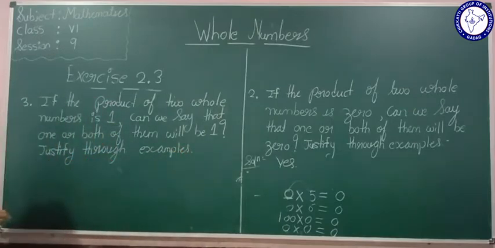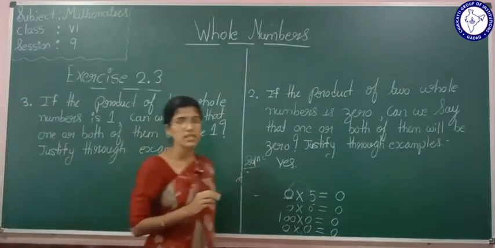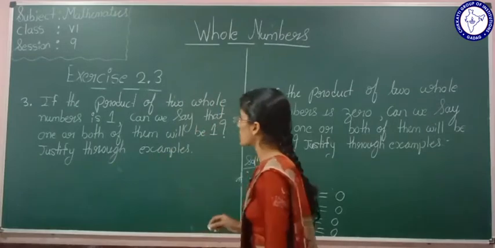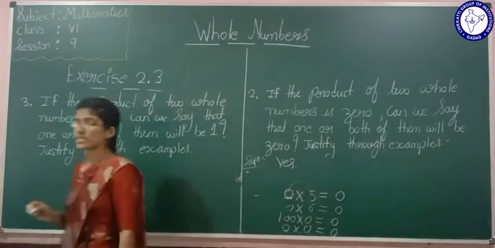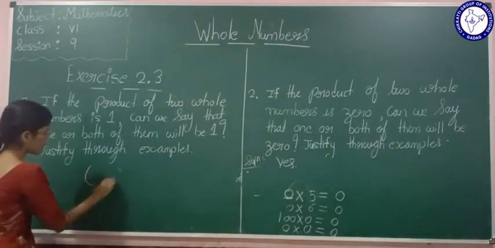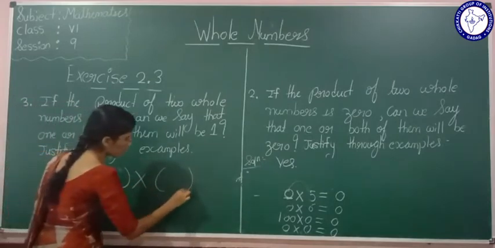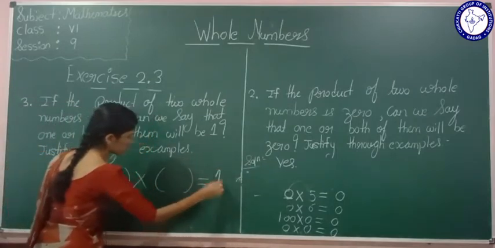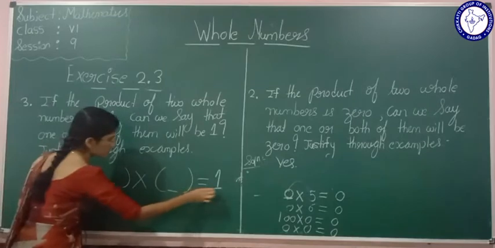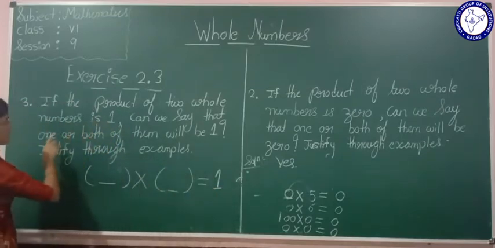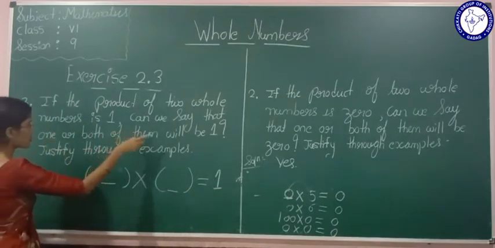Now see students, the third question tells us that if the product of two whole numbers is 1, can we say that one or both of them will be 1?